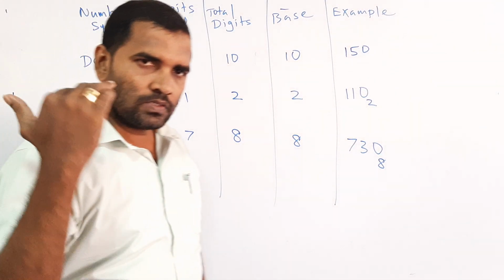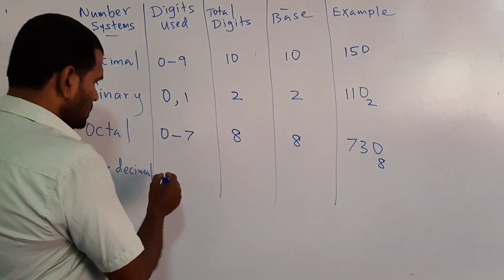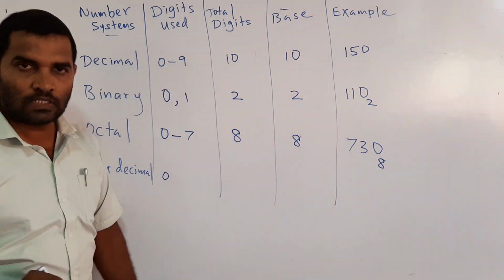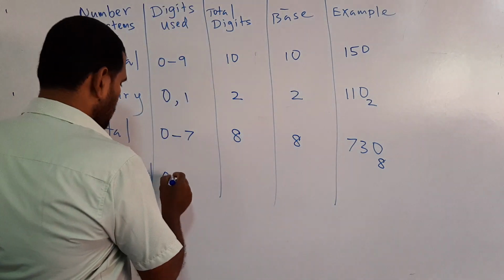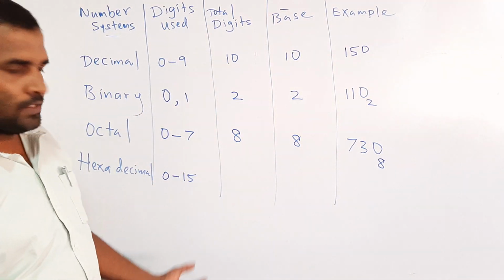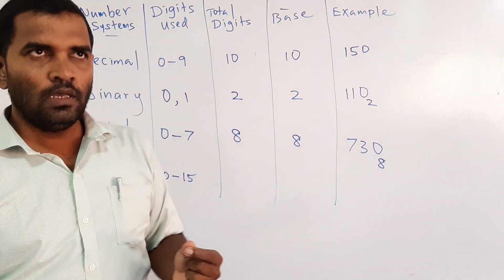If you follow the same pattern, hexadecimal means 16, right? The meaning of hexadecimal is 16. So definitely it must be 0 to 15. Have you understood? It must be 0 to 15 because hexadecimal is 16.